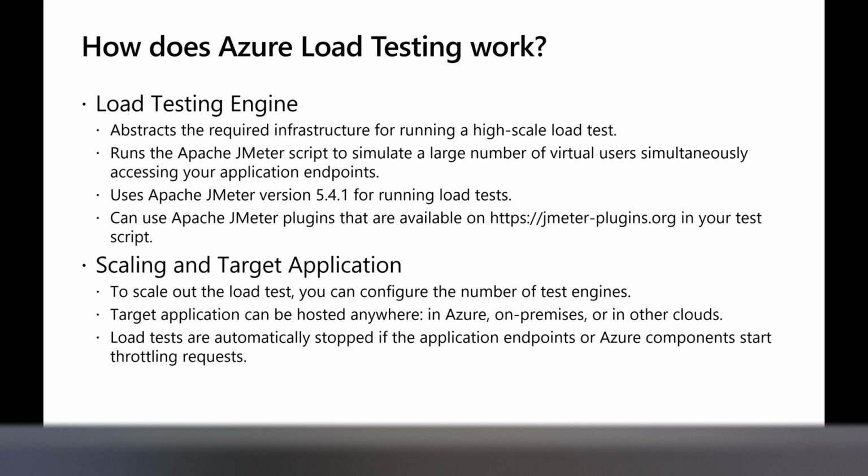It will stop load testing it, because there's no point: the application is saying, I can't take any more load. That is a very deliberate thing to do. In regards to scale out of the load test, you can create multiple test engines.